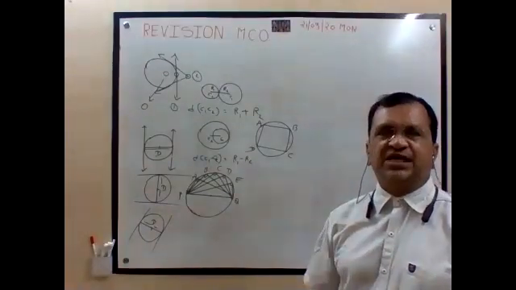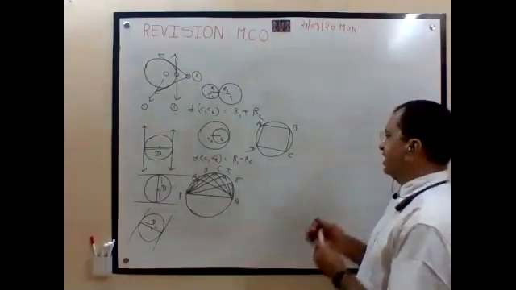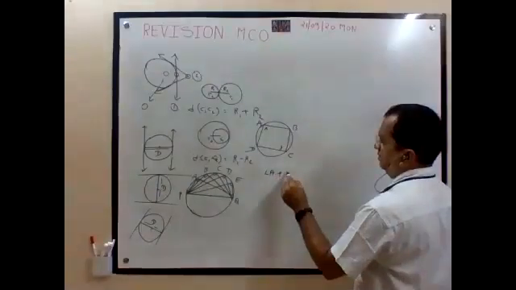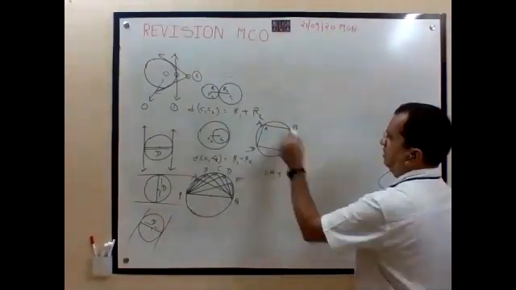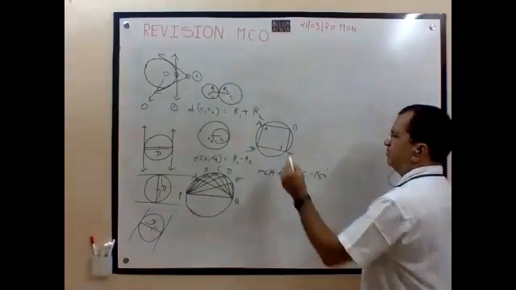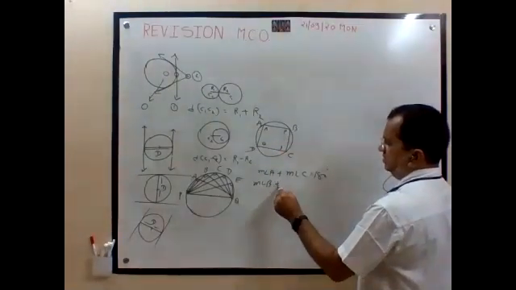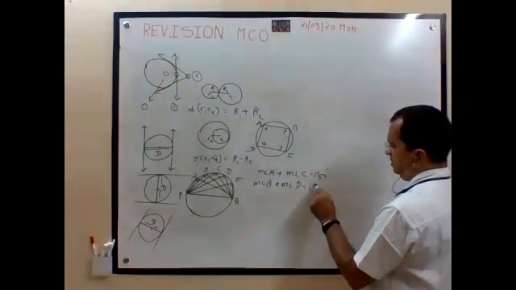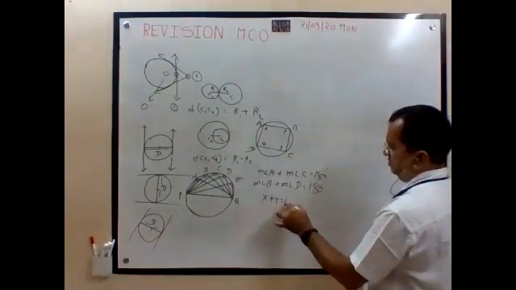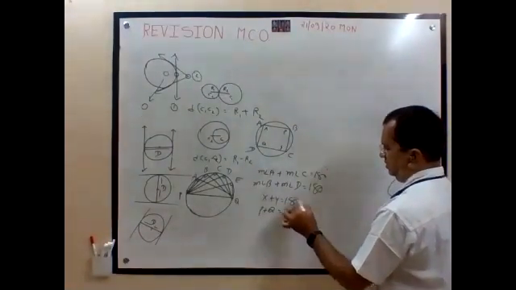When it is cyclic, the opposite angles, measure of angle A plus measure of angle C, are supplementary, or total 180. So measure of angle B plus measure of angle D, or you can say X plus Y is equal to 180, P plus Q is equal to 180.